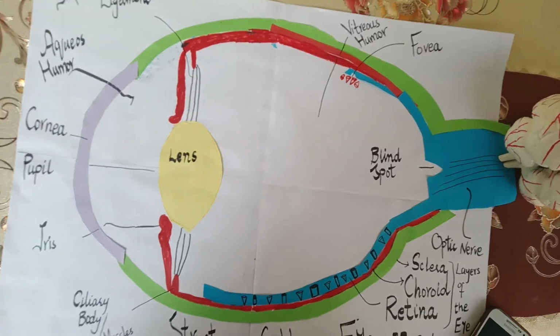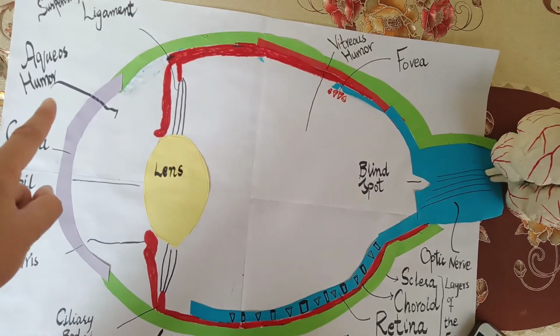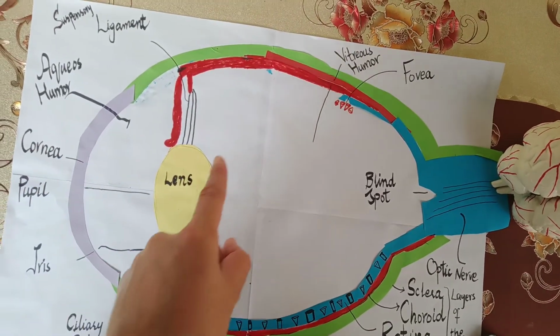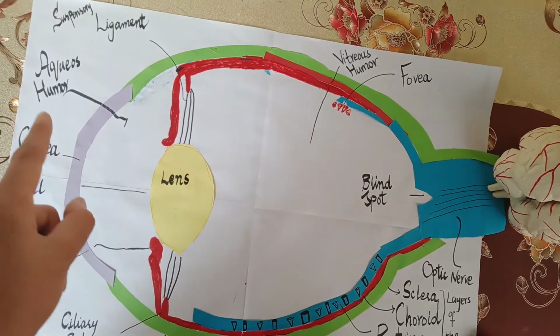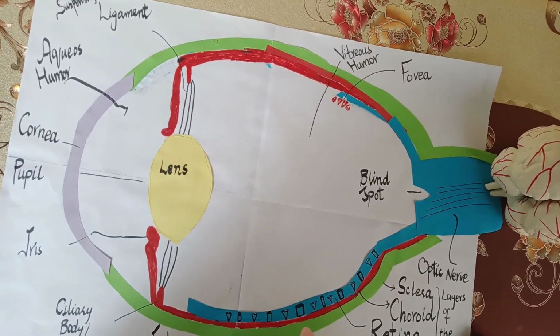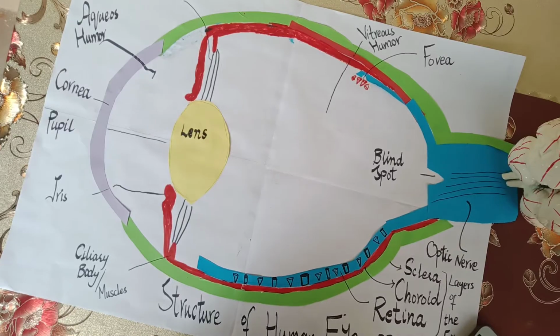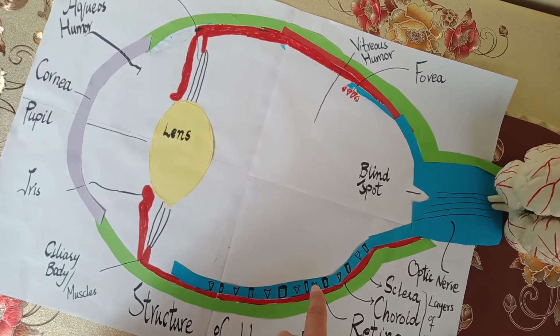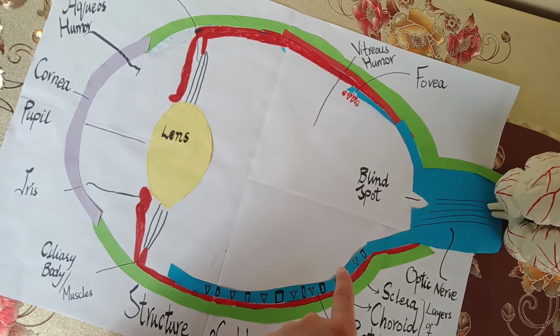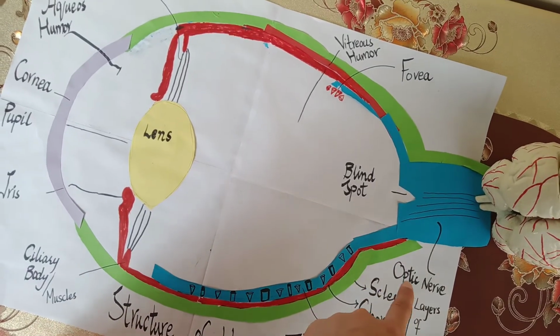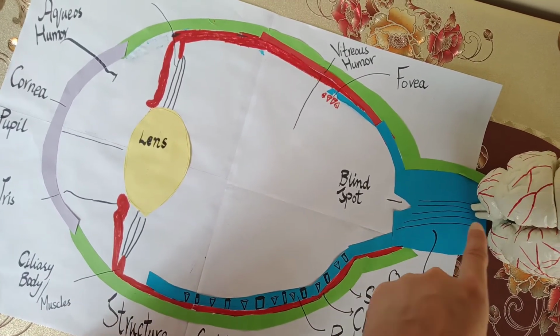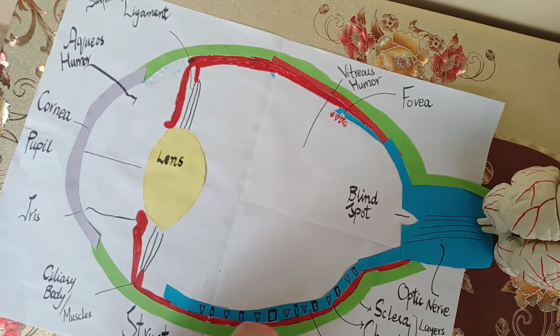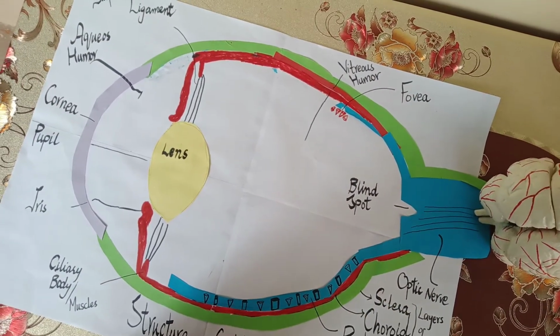The light enters through the cornea, aqueous humor, lens and vitreous humor, and it is refracted at the retina, and the rods and cones generate nerve impulses in the optic nerve. Here is the optic nerve, which is connected to the brain, and we are able to view.